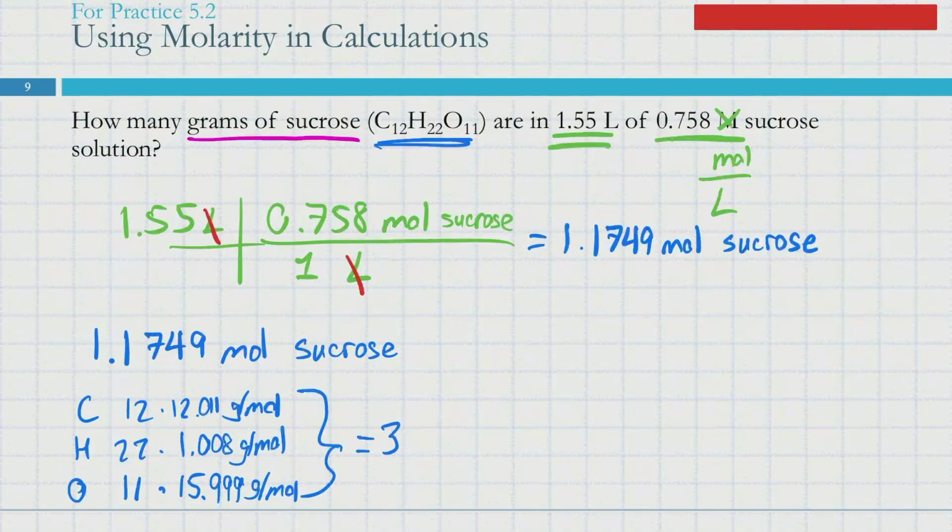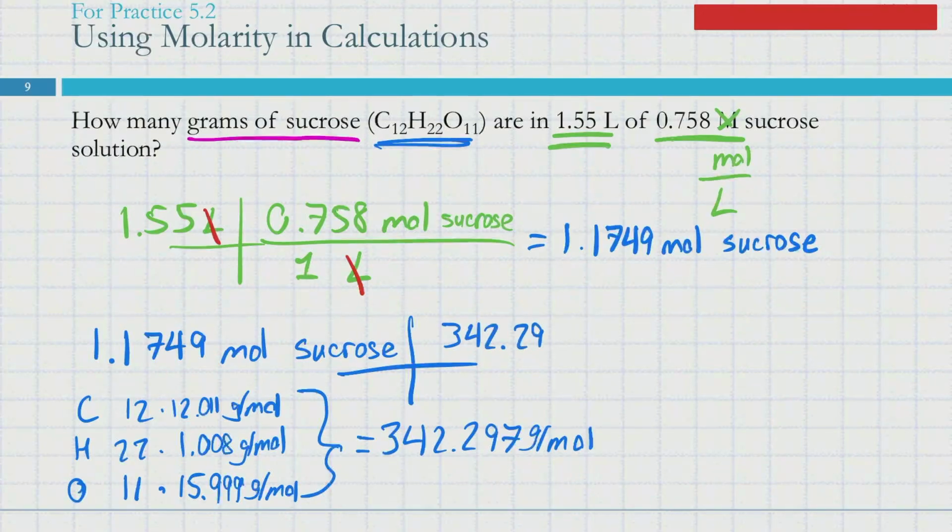We get 342.297 grams per mole. The grams is on top in the molar mass, so we're going to multiply our moles by our grams per mole, so that our moles cancel.